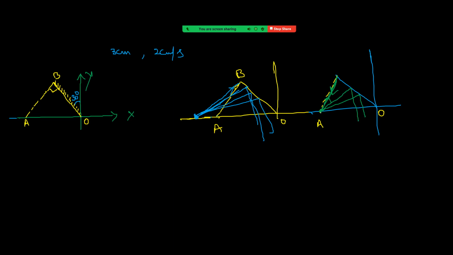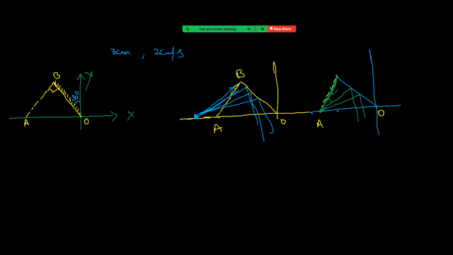I am repeating. At point A, I am focusing one light ray which falls normally on the mirror, on this edge. Since it falls normally, it will retrace the path. So this light ray is reaching its eyes. That means the insect can see its image, and because of the remaining light rays it cannot see the image.